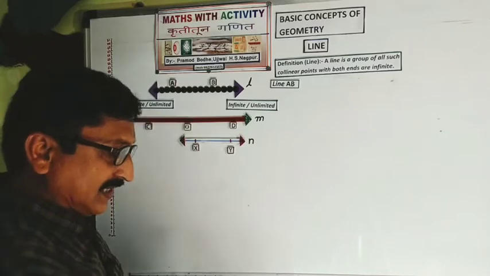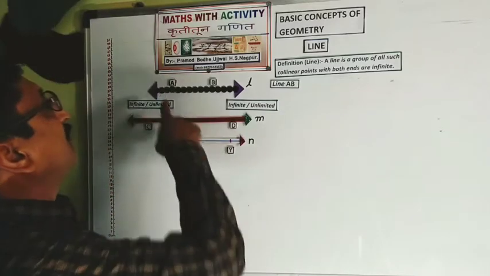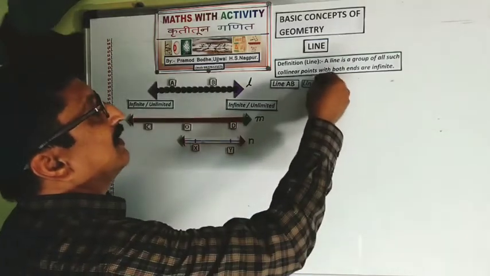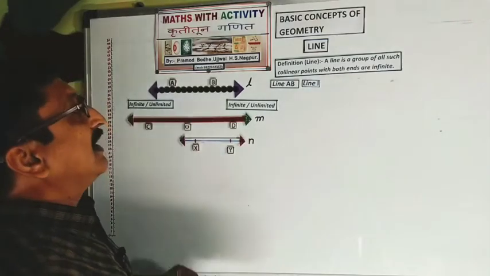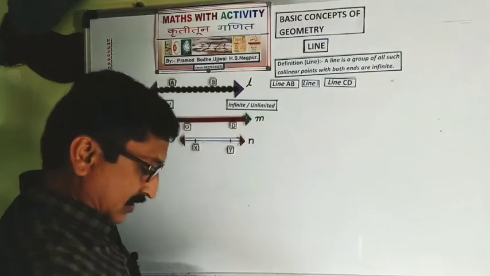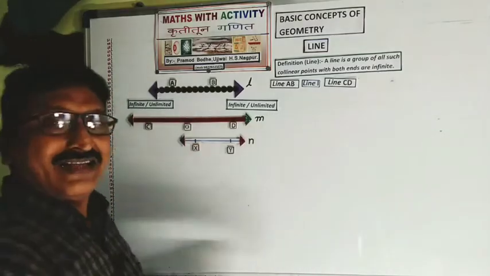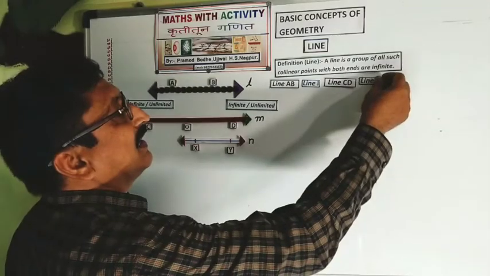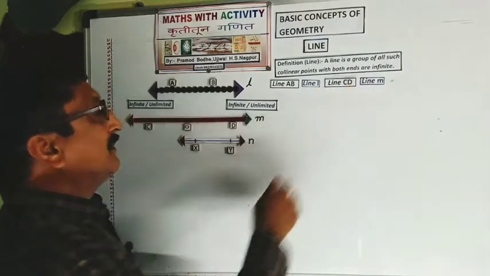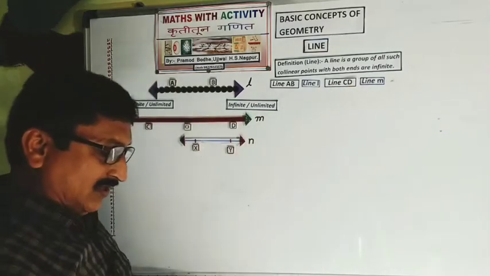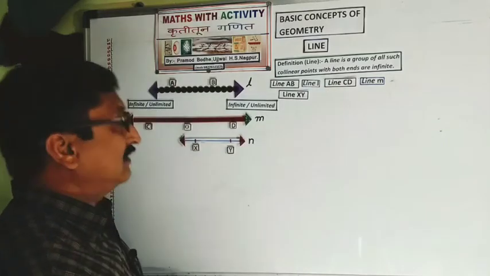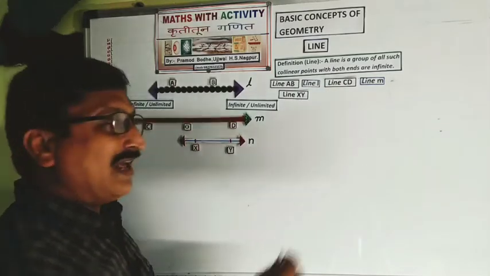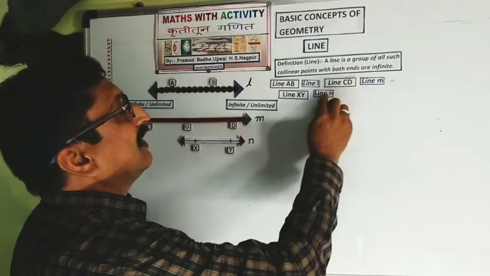Then in such cases you can write the name of this line AB as line L. Similarly, this line can be written as line CD, or by a small letter, that is M, and therefore you can read or write it as line M. And similarly the line XY can be written as line XY, and by the small letter n, and therefore you can write line N.